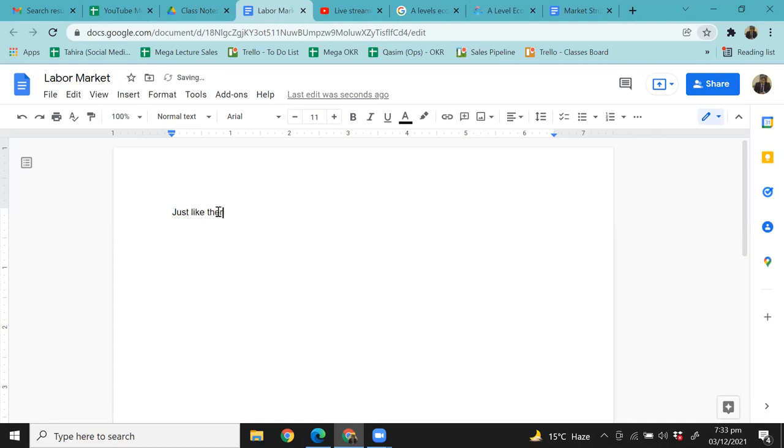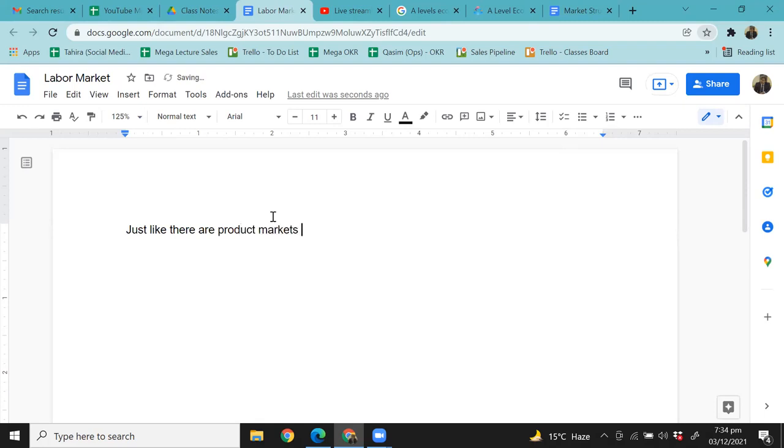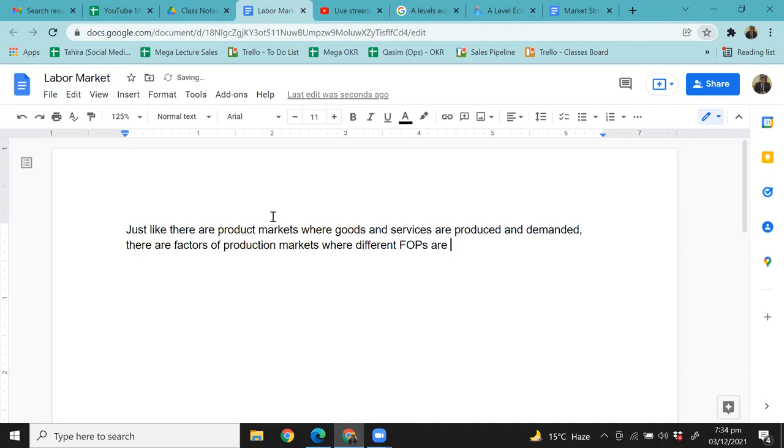Just like product markets, where goods and services are supplied and demanded, there are production markets where different FOPs are supplied and demanded, right? So this is something that we have already discussed.